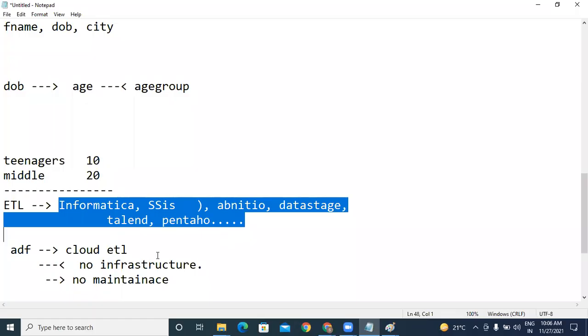You need not worry about backend coding. Only with a graphical designer, you will be creating your pipelines. But somewhere customizations are required. At that time, you can use JavaScript or Python or Databricks. For that, another developer team will be there.